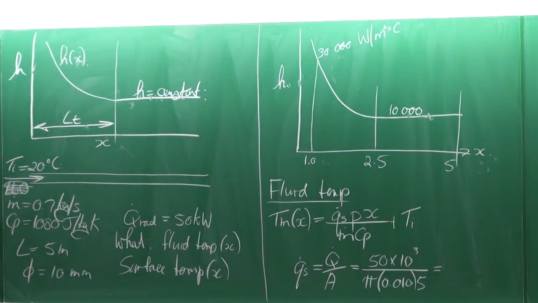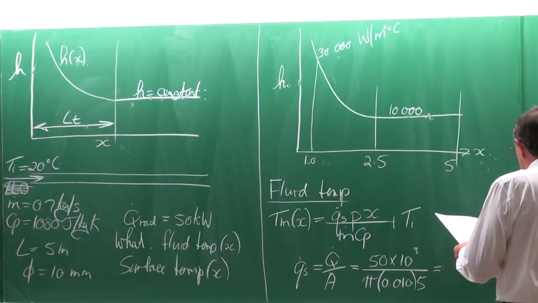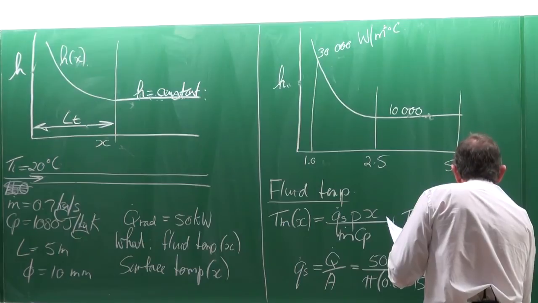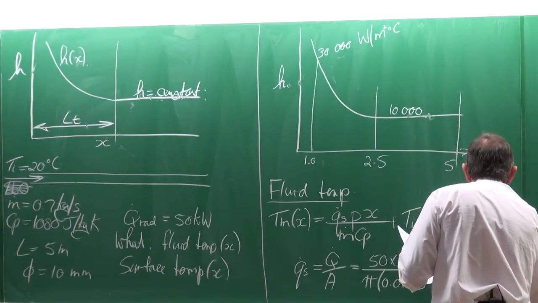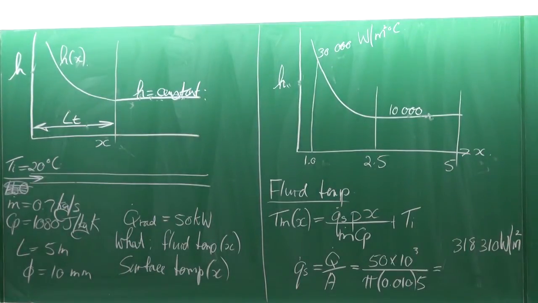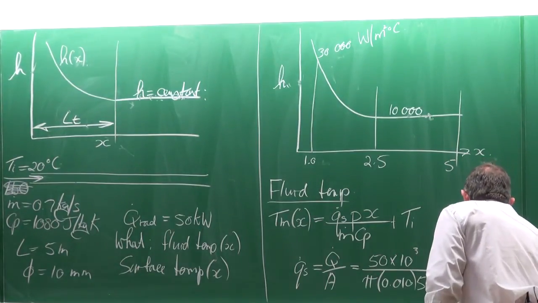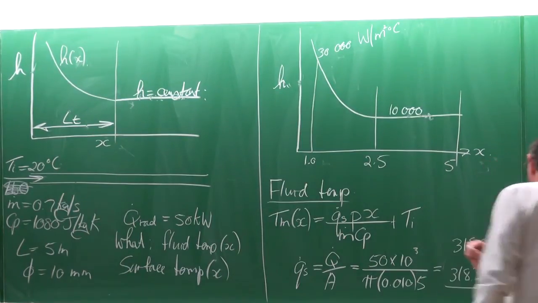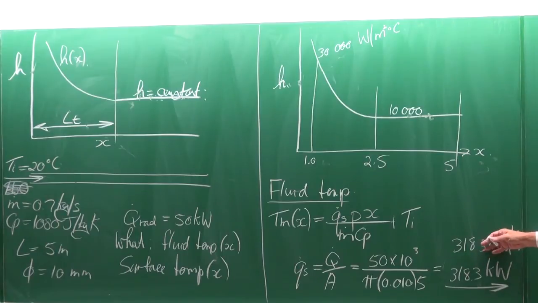Okay. And the result is an answer of 318,310 watts per square meter. Okay, please never give me an answer like that. Okay, this is not an engineering answer. The engineering answer is 318.3 kilowatts per square meter.